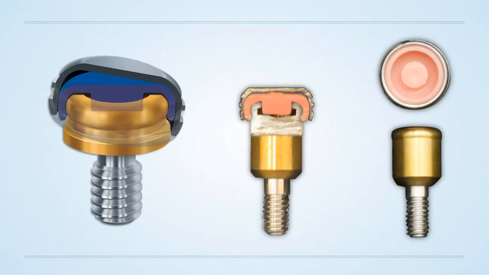How many of us are also unaware that the nylon component of the locator abutment stays rigidly attached to the actual abutment? And what pivots, or what moves, is the actual metal housing inside of the denture. So imagine that metal portion is locked inside the patient's denture. If there's a little bit of bone resorption, or maybe the patient's really got squishy gum tissue somewhere, there's going to be some movement of the denture.